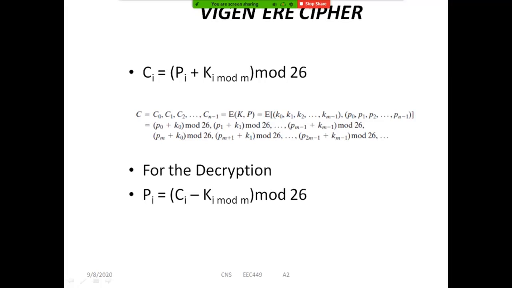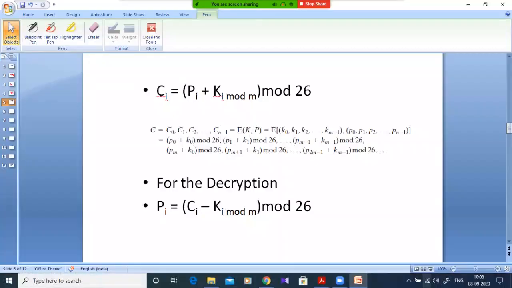We'll see. First we have to take the key. This is the mathematical equation for the encryption. The ciphertext alphabet is equal to E, where E stands for encryption, K is the key, and P is the plain text. The key has multiple characters or letters, and the plain text has multiple characters.